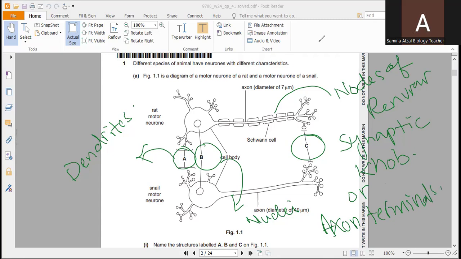So these are the three parts which have to be labeled. After labeling, we are moving towards the next question.